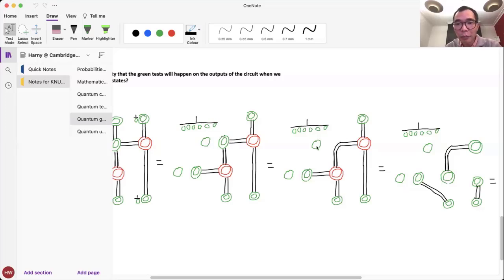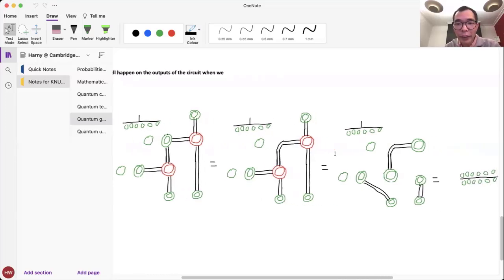You can remove the circle. Now we can do copy, right? The green can be copied by the red. This green can be copied by the red.